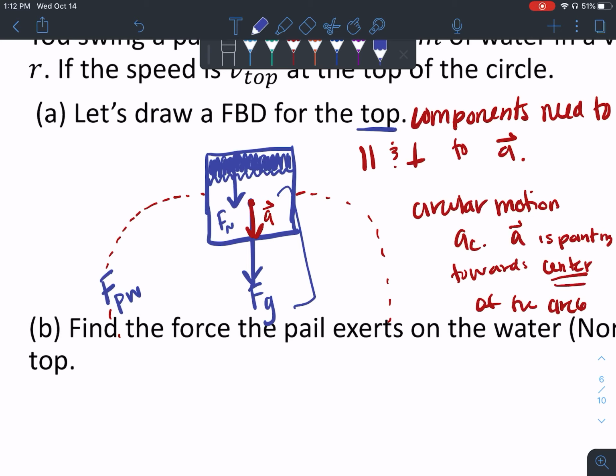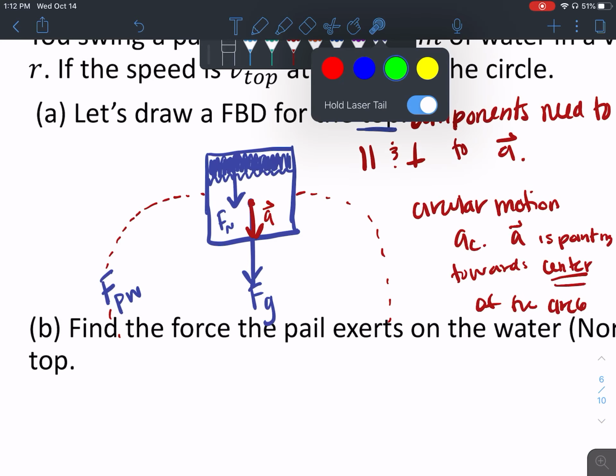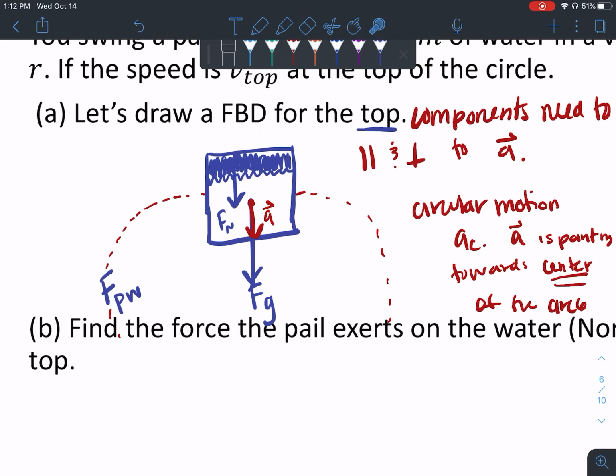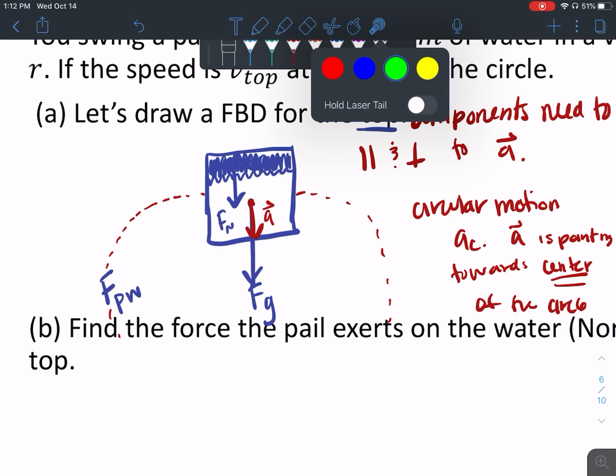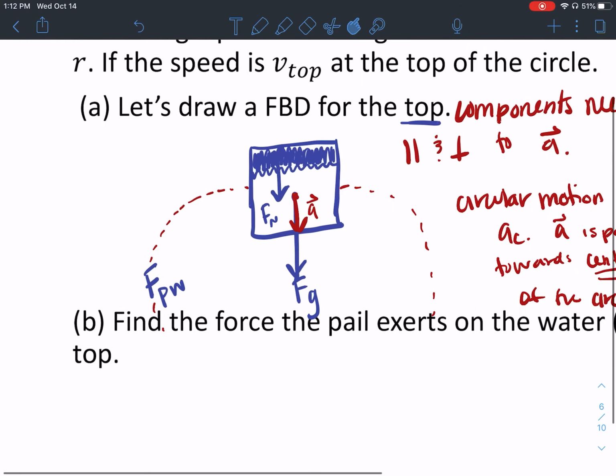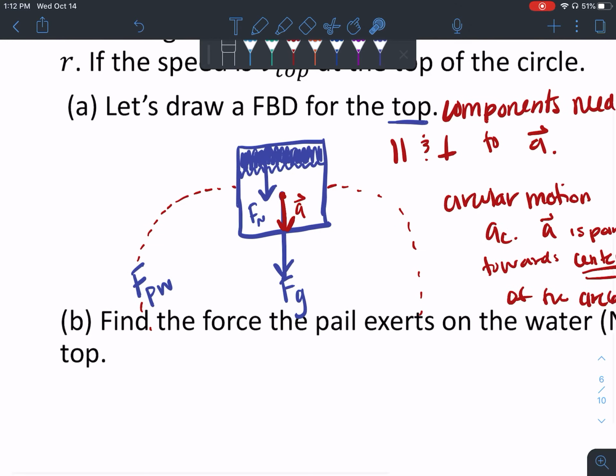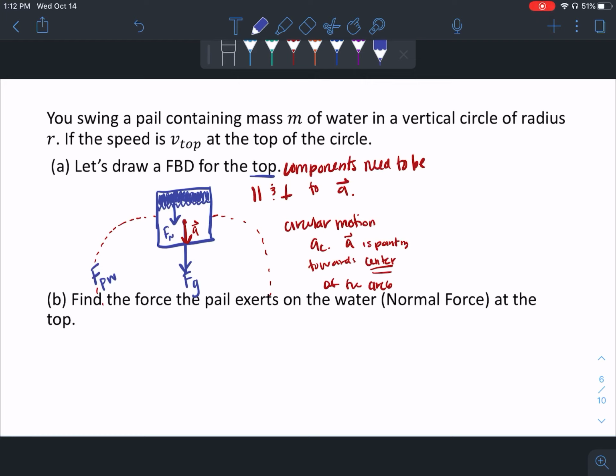We can see that our acceleration and our force of gravity are parallel, so they are in the same direction. We are good to go there. I'm sorry that I was putzing around with that. So now we can go ahead and keep going.